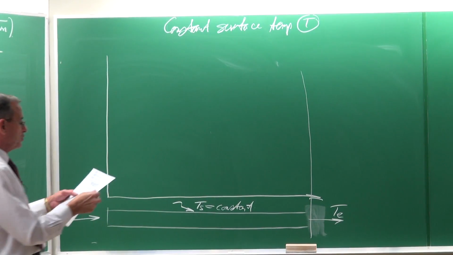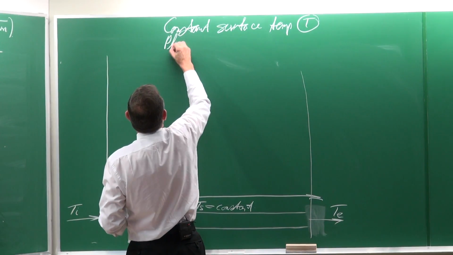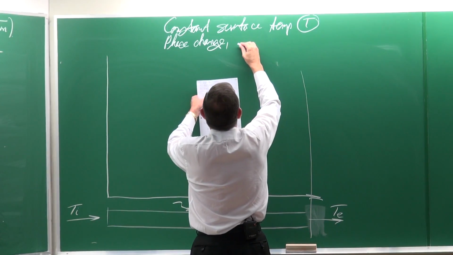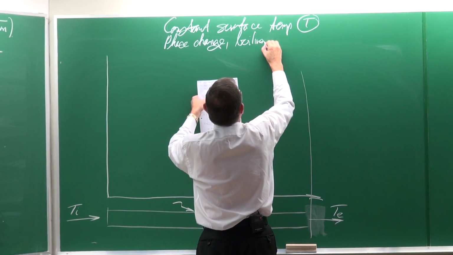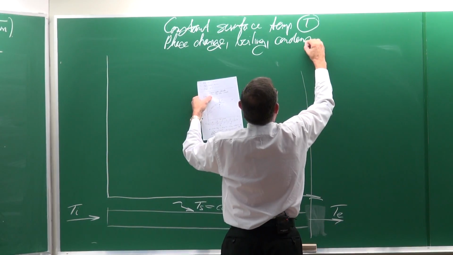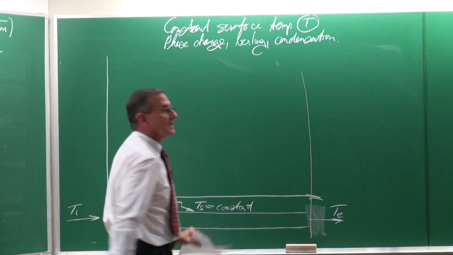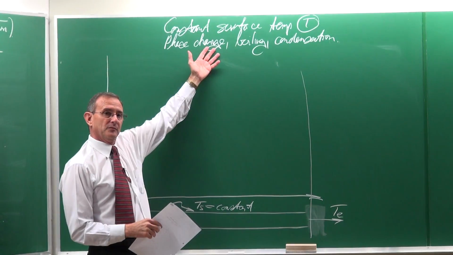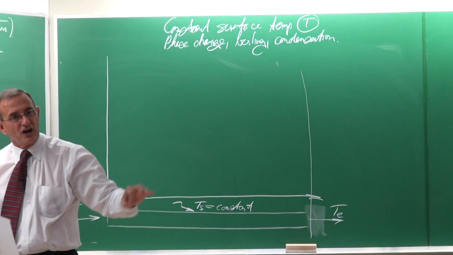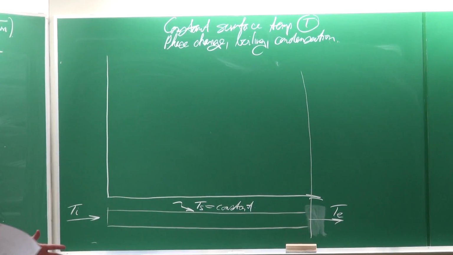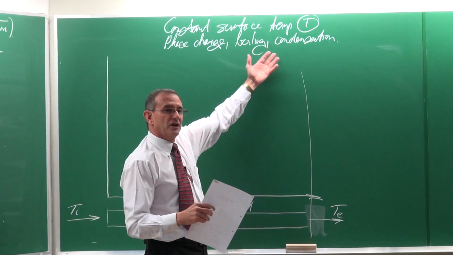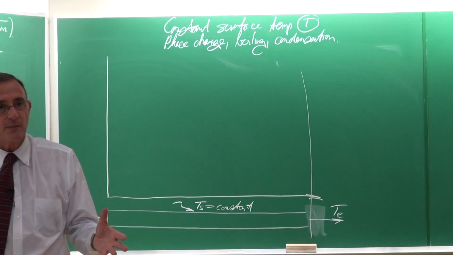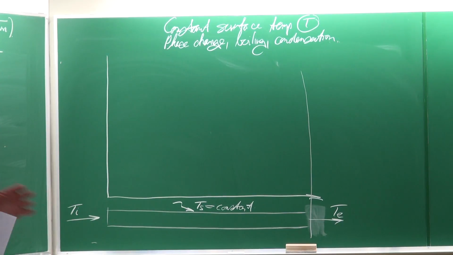These types of problems occur during phase change, during boiling, during condensation, and during evaporation. So if you're interested in heating, ventilation, and air conditioning, you need to take note of that. If you're interested in the generation of electricity with a nuclear power plant, you will always have two-phase flow. You will have boiling and condensation. If you do it with a CSP plant, concentrated solar power, again, it's a very important application in industry.